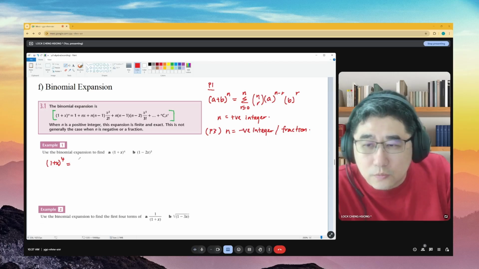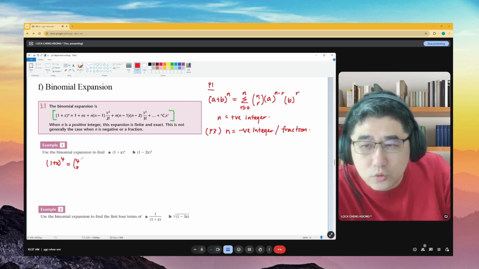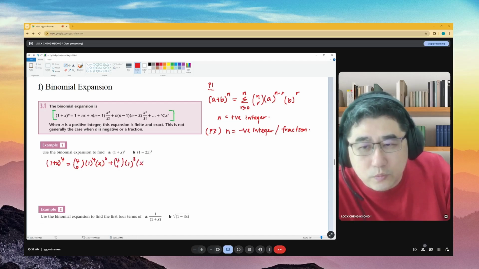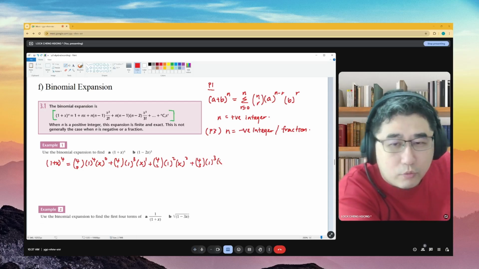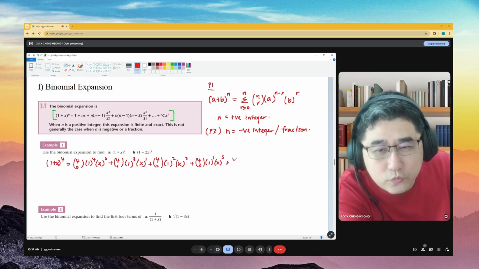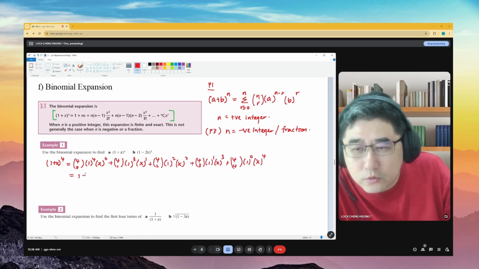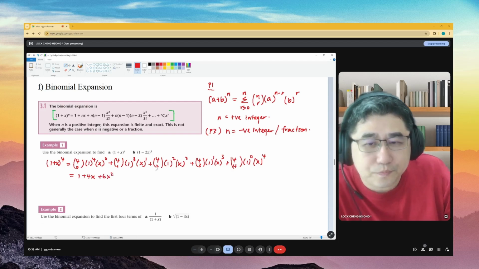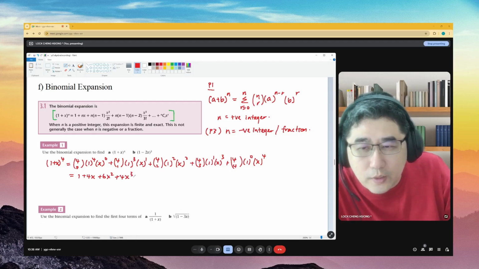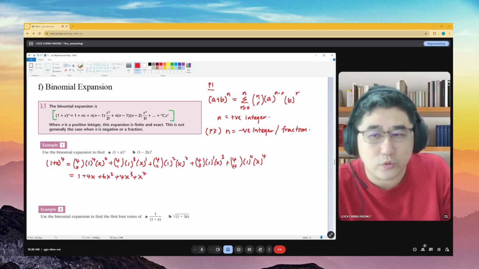So I will have 1 + 4x + 6x^2 + 4x^3 + x^4 as a result. This is when we use the P1 method.